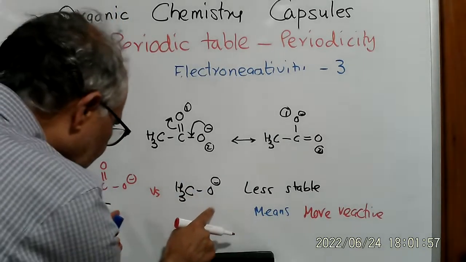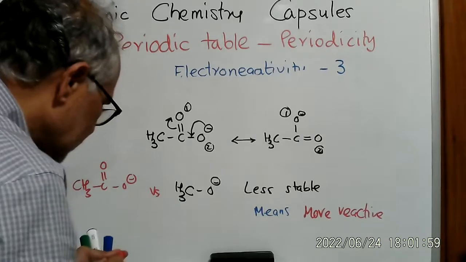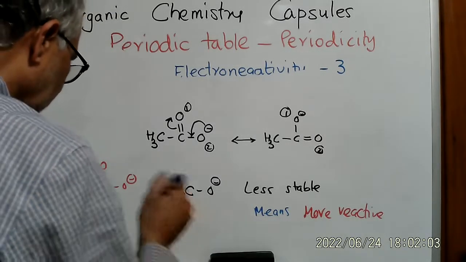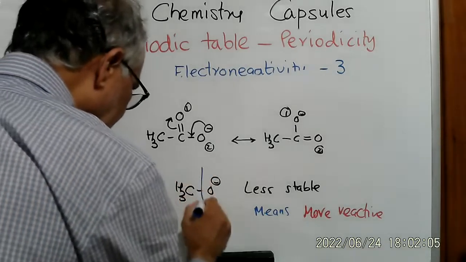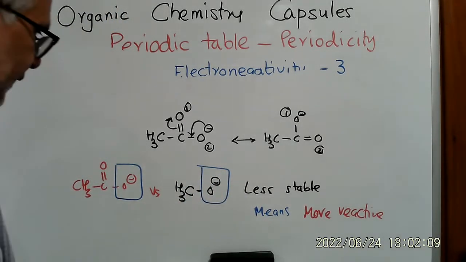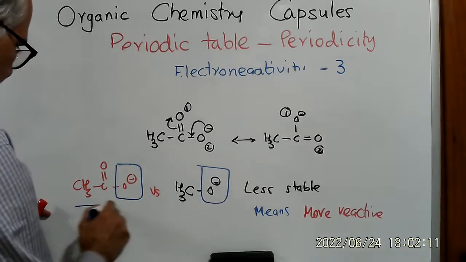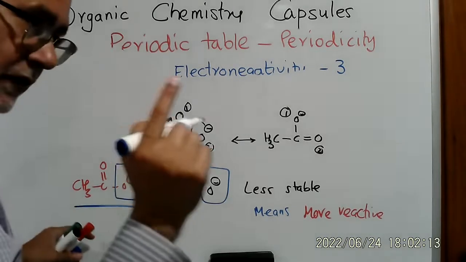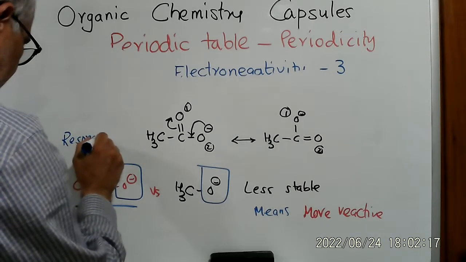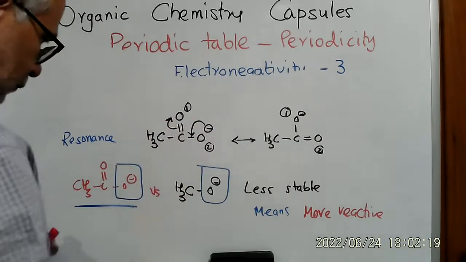In both cases, the negative charge is on the oxygen atom, right? So why are we saying that the acetate ion is more stable? Because the acetate ion has resonance, and we have shown that here.